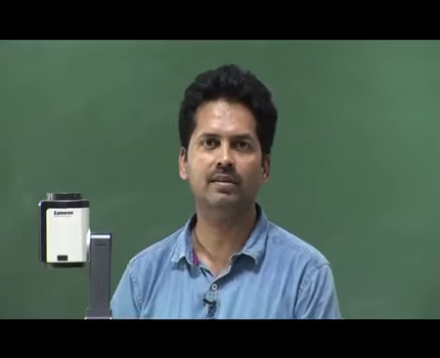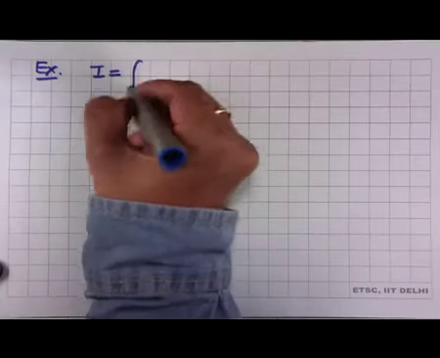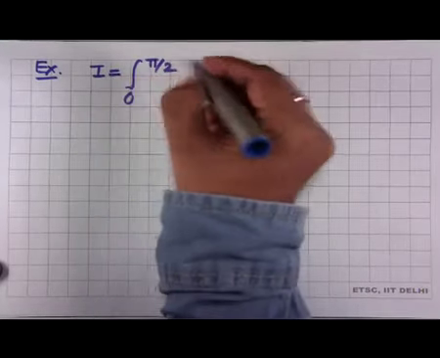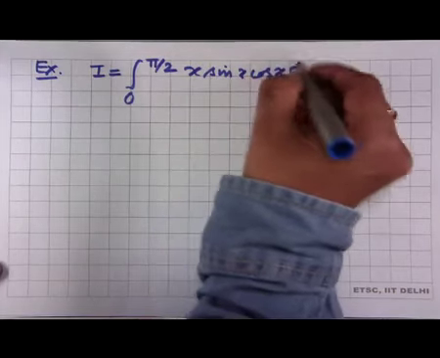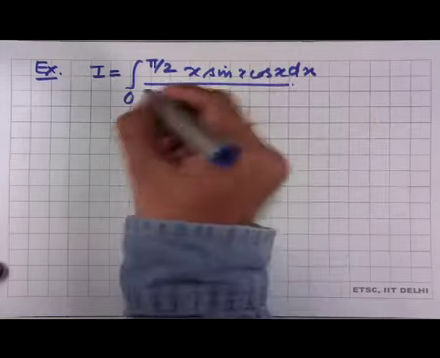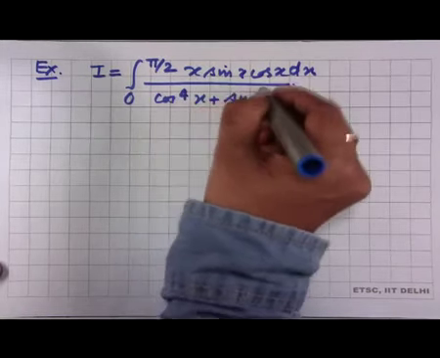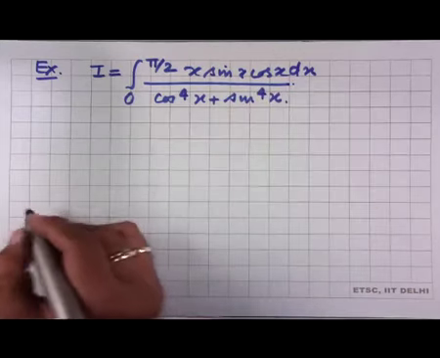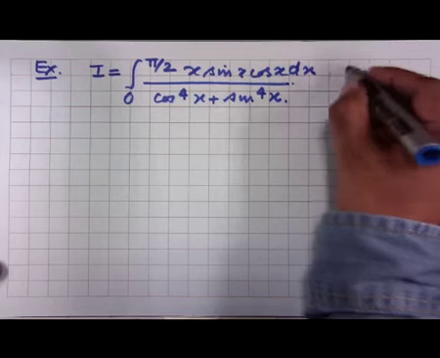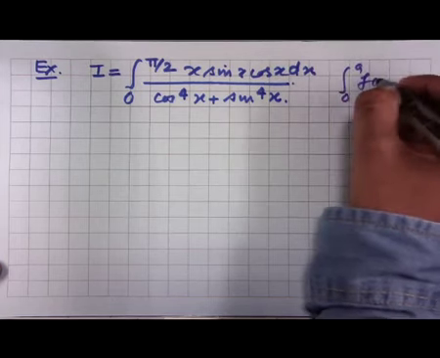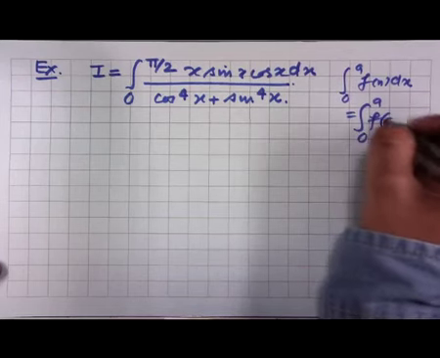Let us take one more exercise on definite integrals. Integral 0 to pi by 2 of x sin x cos x dx by cos power 4x plus sin power 4x. So use the property integral 0 to a of f(x) dx is the same as integral 0 to a of f(a minus x) dx.